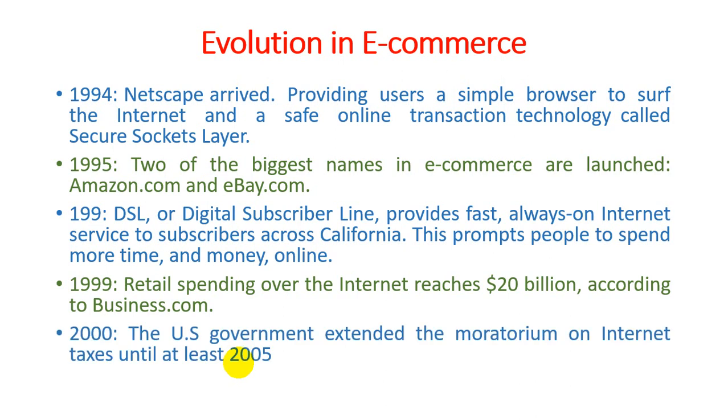In 2000, the US government extended the moratorium on internet taxes until at least 2005. It means they provided flexibility for the transactions happening in the e-commerce era. They boosted it up and provided some backup for people who were purchasing and transferring money through the internet market.